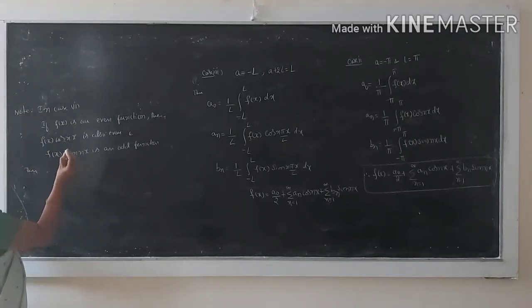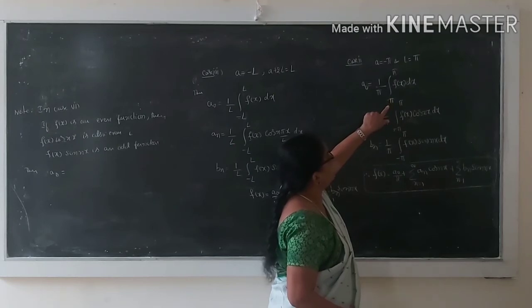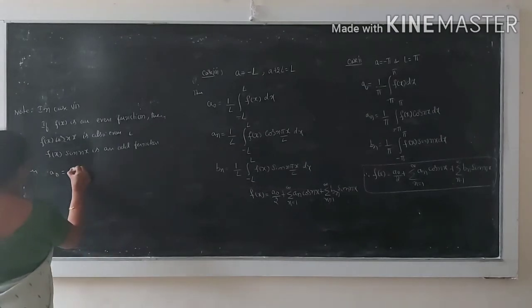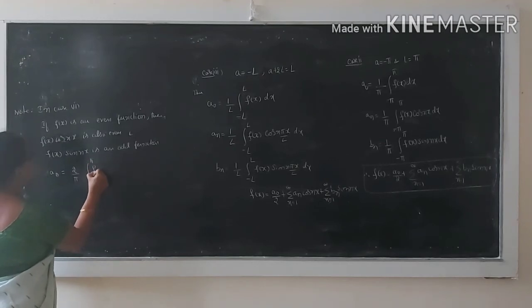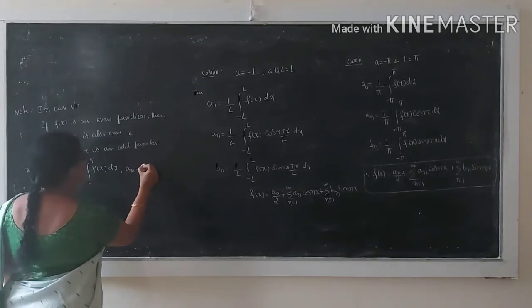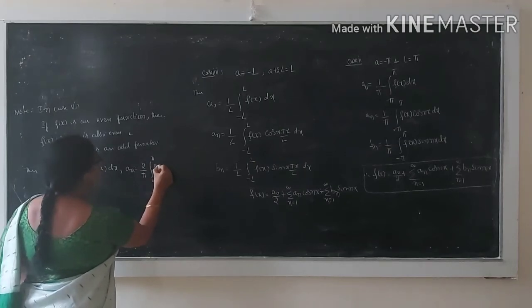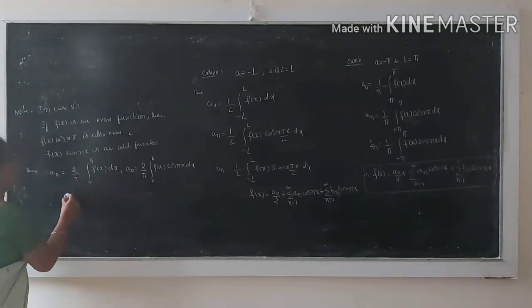Then what happens for the values of a0 and an? You observe this: since it is an even function, for the integral from -a to a of f(x) dx, you can write that as 2 times the integral from 0 to pi of f(x) dx, and an = (2/pi) integral from 0 to pi of f(x) cos nx dx, and bn = 0.